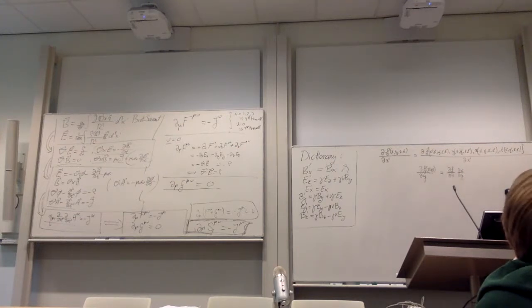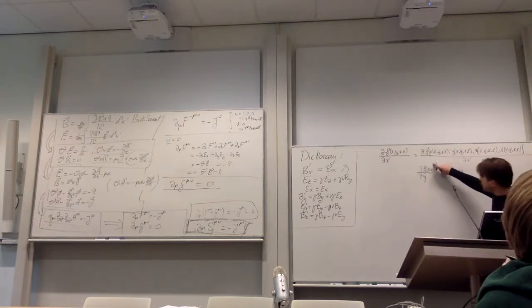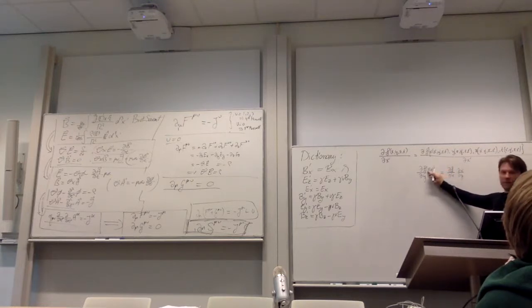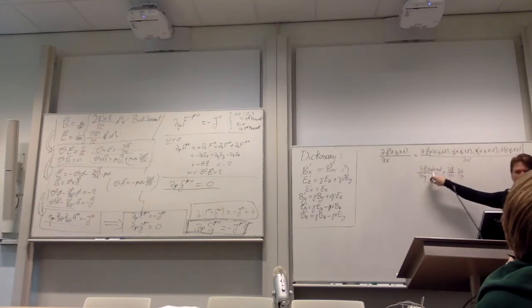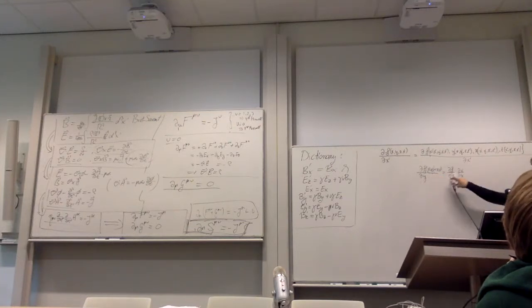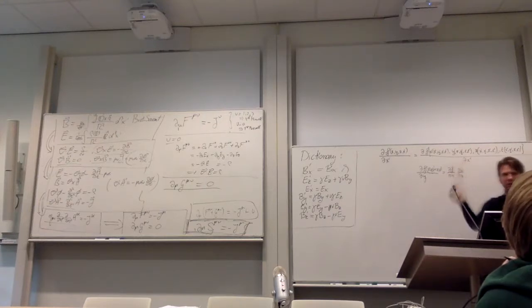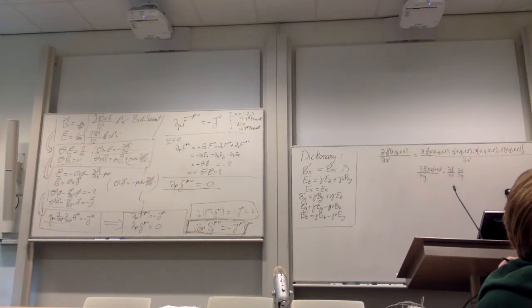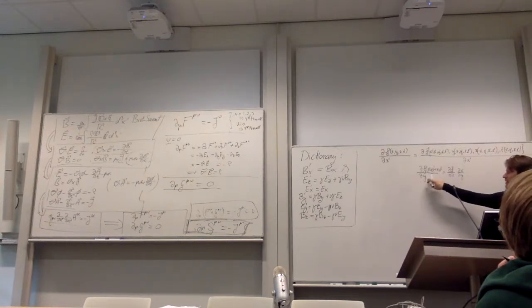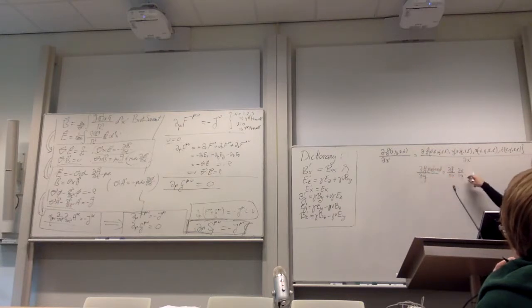Okay? But suppose that this thing now depends not just on x, which depends on y, but also on z that depends on y. So that means taking the derivative will not just be this. The derivative means I wiggle y a little bit, and the question is how much does f wiggle along? Now if I wiggle y a little bit, then my x will wiggle, and as a result f will wiggle, that's this part.